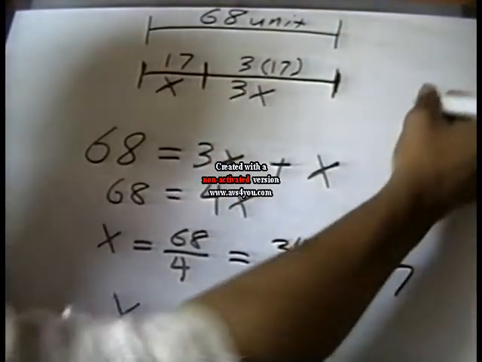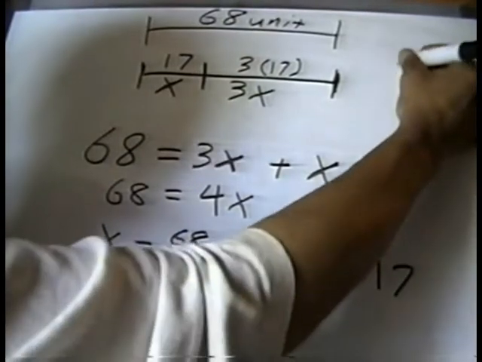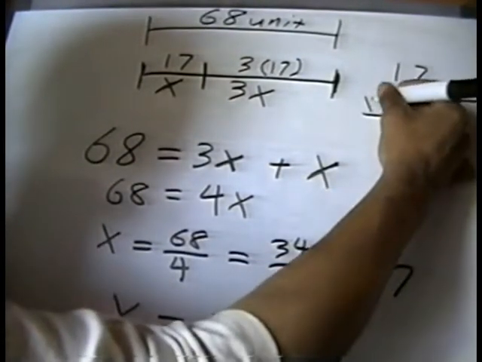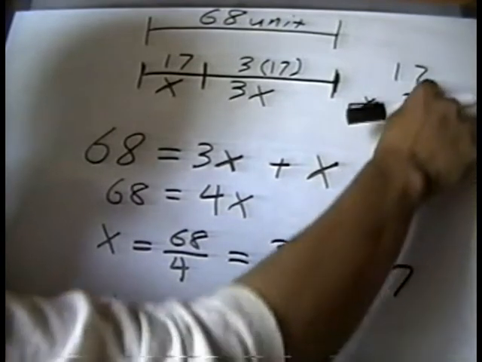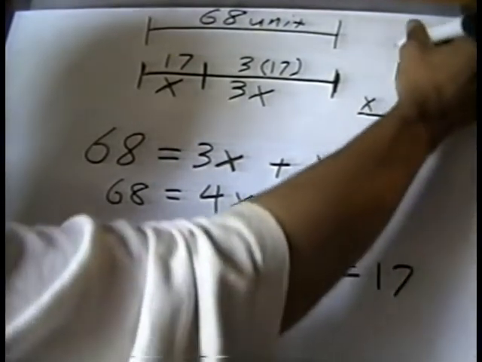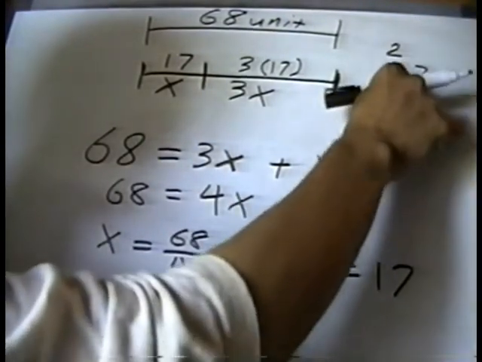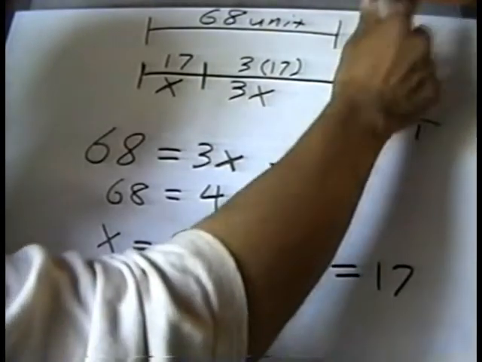Now you want to find the length of the larger part. So x is 17. The larger part is 3x, so it's going to be 3 times 17.